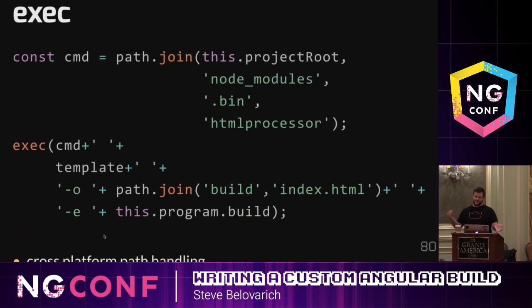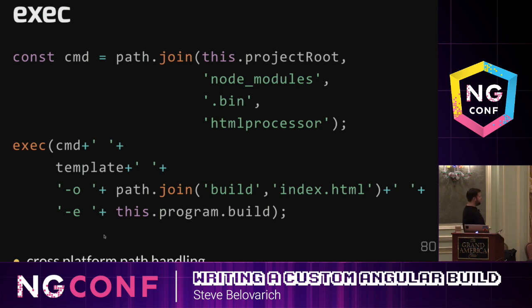Then we're going to call exec with that command. We're going to pass it the template because we're making this dynamic. Then, with the output argument, again, we're going to use path.join to put in a path that's Windows and macOS friendly.